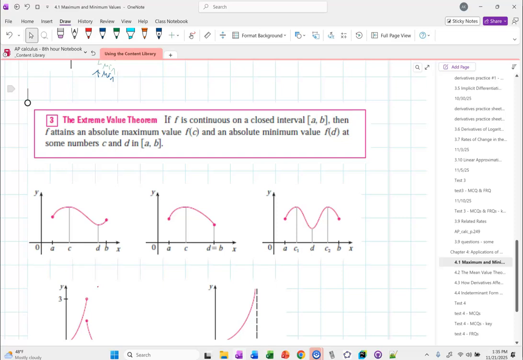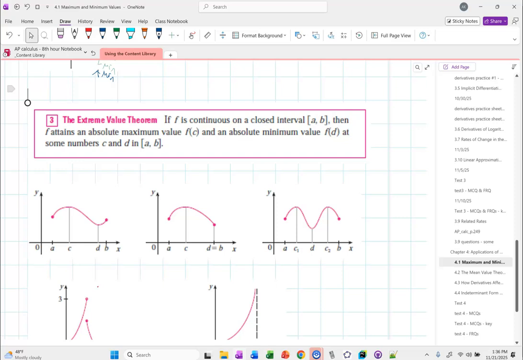Then the extreme value theorem states that somewhere on that interval, the function attains at least one absolute maximum and absolute minimum. Continuous and closed is the requirement. EVT, we'll abbreviate it just like we did the IVT. The EVT, extreme value theorem, states the function attains at least one absolute maximum and at least one absolute minimum.